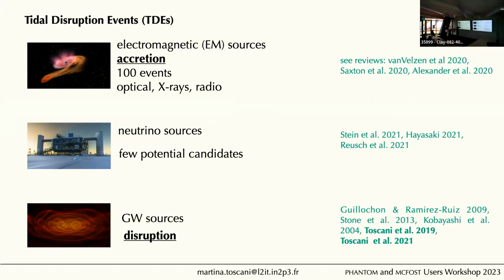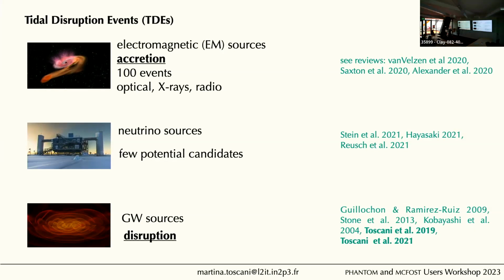And to date, we have around 100 observations of tidal disruption events, mainly in optical and X-rays. Then they also emit high-energy neutrinos that are produced from the later stages of the events, when there is also potentially the production of jets. To date, we have just a few potential candidates of astrophysical neutrinos from tidal disruption events.